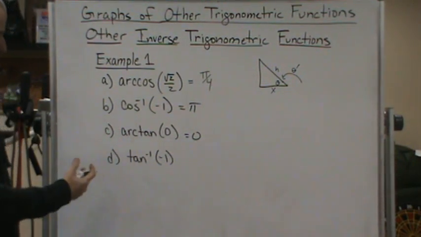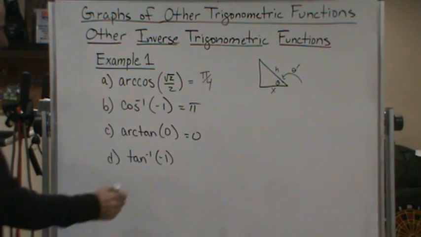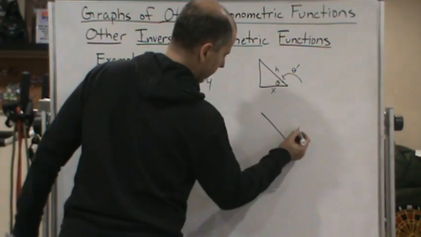So first of all, we're going from negative pi over 2 to pi over 2. So we're talking about the first and fourth quadrant. So tangent is going to be negative in the fourth quadrant.